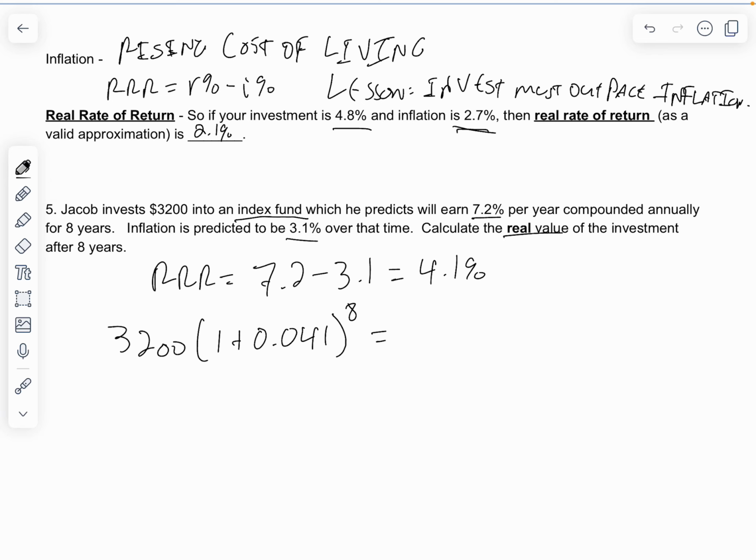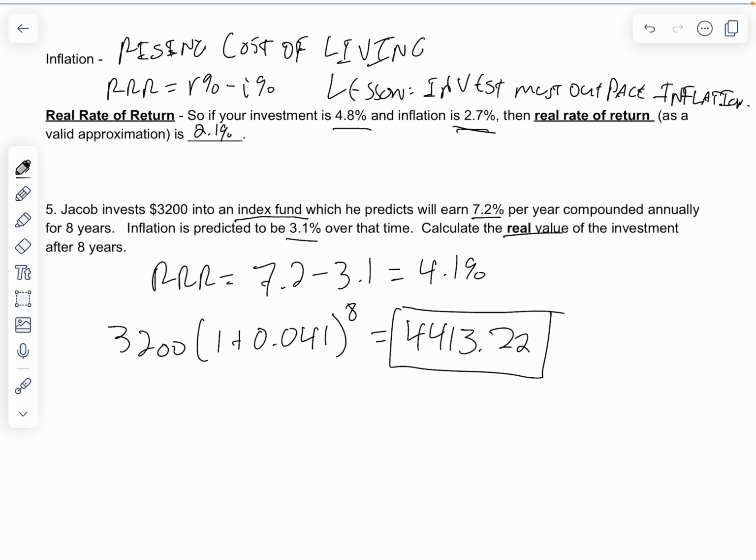So we have 3,200 multiplied by 1.041 raised to the power of 8. And that is 4,413.22. So still made over $1,200 over those 8 years.